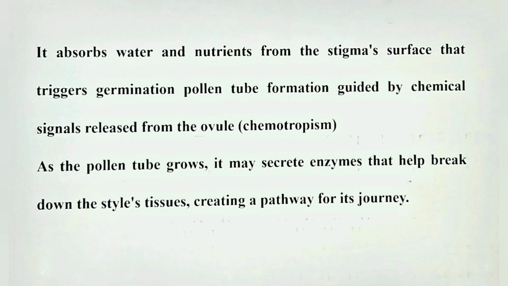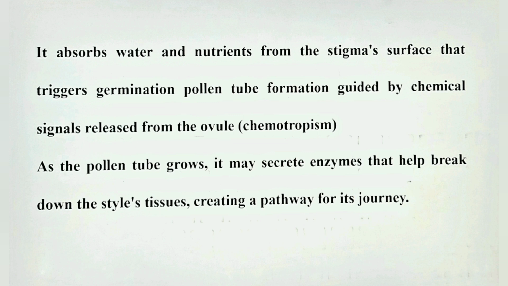Now, the pollen absorbs water and nutrients from the stigma surface, which triggers germination of the pollen tube. Pollen tube formation is guided by chemical signals released from the ovule, and this process is chemotropism.